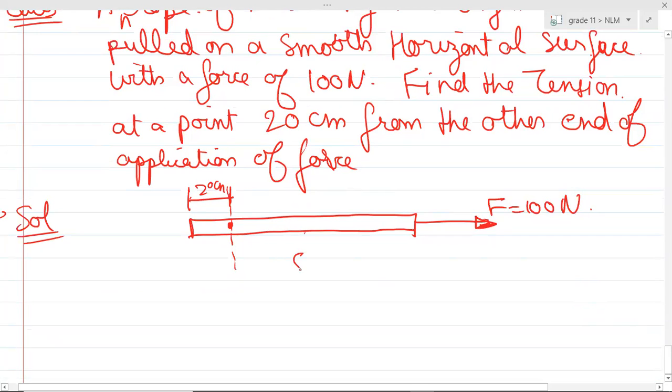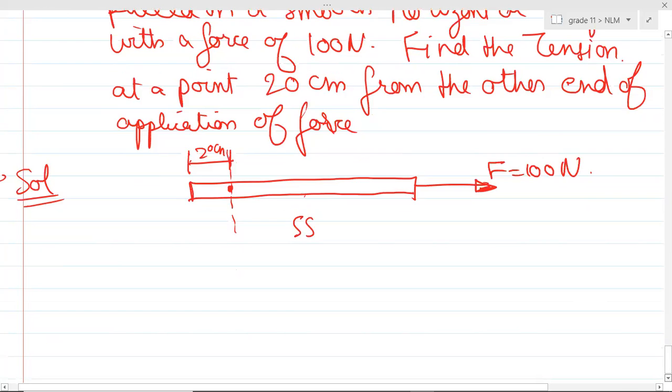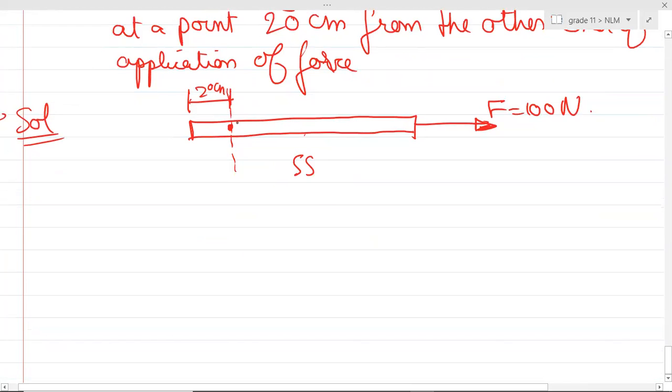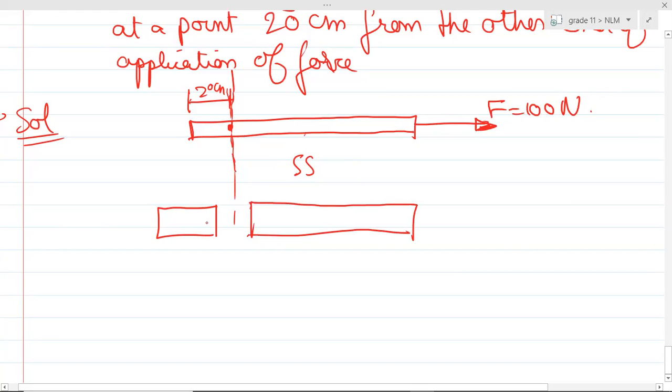So what you can do, if it is a uniform rope, then you can convert it into two different parts. You can say, I'll cut the rope over here. When you cut the rope over here, this will be one part and this will be another part. Connect them with a string. Tell me, if this whole thing is 1 meter, that is 100 centimeter, what will be this much length? 80 centimeter, right?